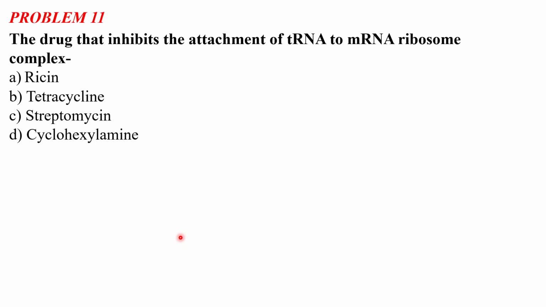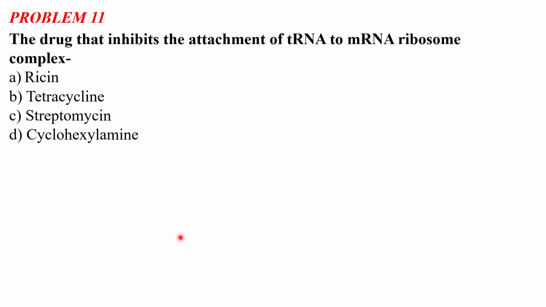The drug that inhibits the attachment of tRNA to the mRNA ribosome complex: A, ricin, B, tetracycline, C, streptomycin, and D, cyclohexylamine. What will be the correct answer for problem number 11?